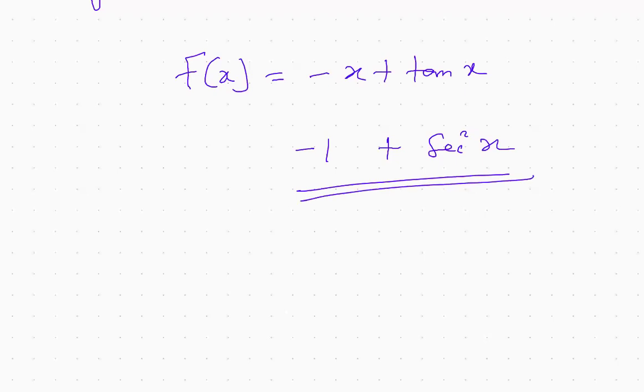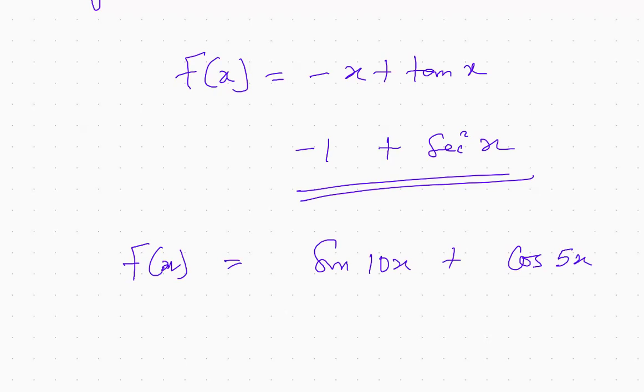Sometimes you could be given f of x equals sine 10x plus cos 5x. When you differentiate sine, that gives you cos, and cos gives you minus sine.